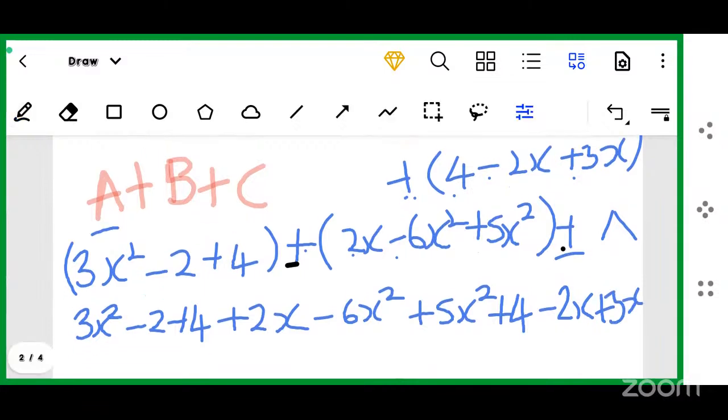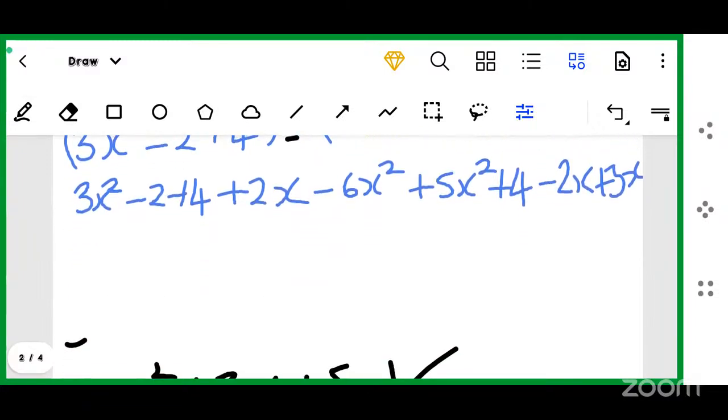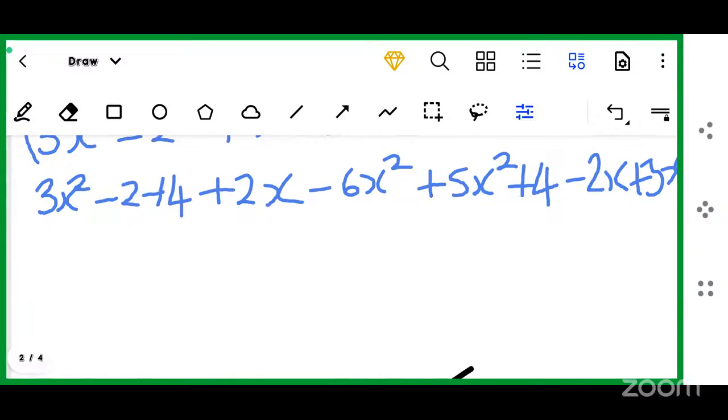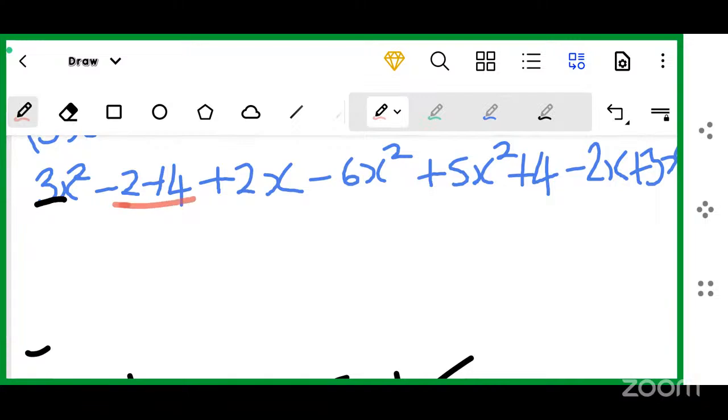So now we look at our like terms. Do you see any like terms there? Which ones are your like terms? The negative 2 plus 4 plus 2x.